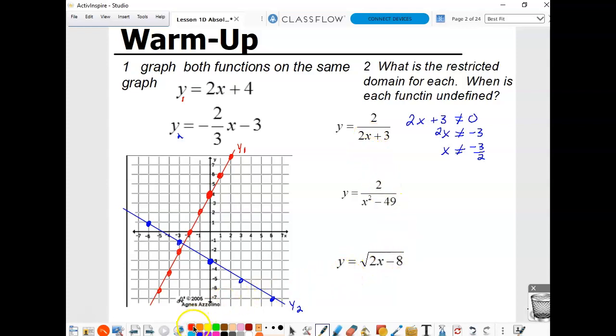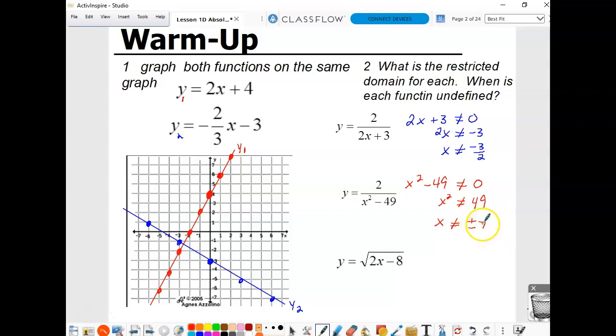So we're going to do the same thing for the second one. The second one is x squared minus 49, and it cannot equal 0. So I'm going to add 49 to both sides. So x squared cannot equal 49. The way we undo squaring something is to take the square root of both sides. So that would get me x does not equal positive or -7.